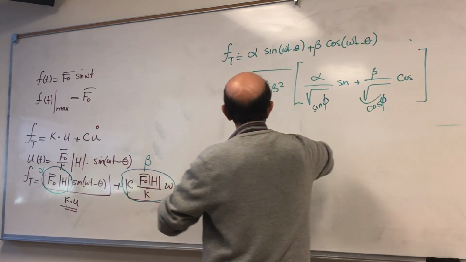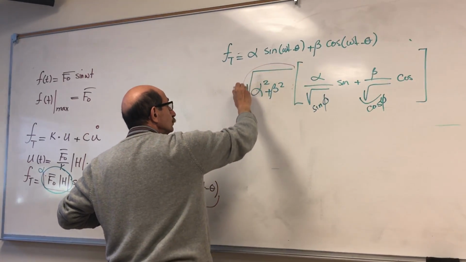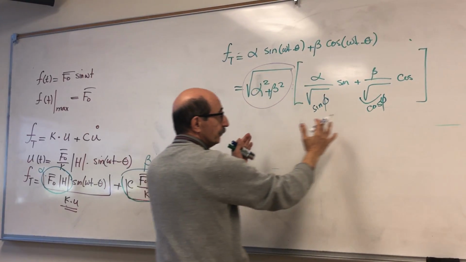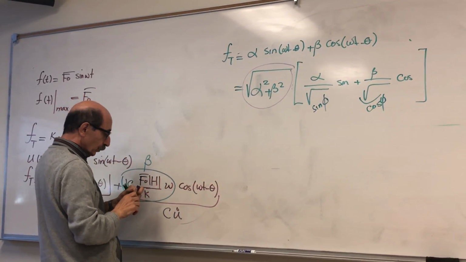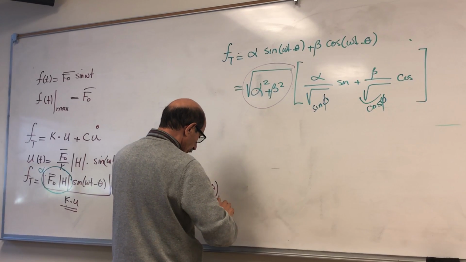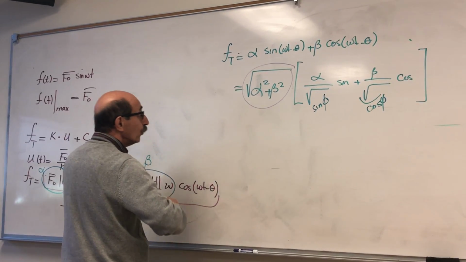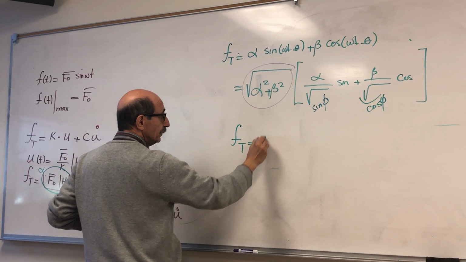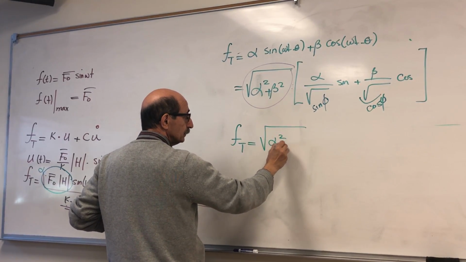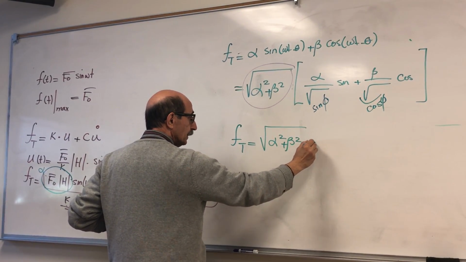Maximum value of this means the amplitude of this harmonic function, right? So, in other words, the maximum force transmitted is the square root of alpha squared plus beta squared. And what is that?